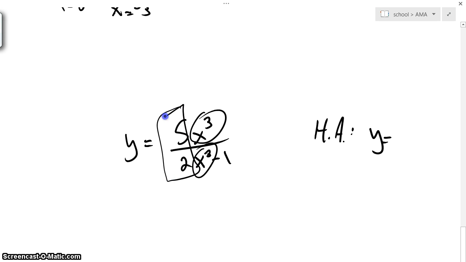Very plain and simply, the coefficients, the numbers out in front of those highest powers, would be what would be used. How would we find the vertical asymptote? Well, in this regard, we'd have to set that denominator equal to 0 and solve, but I'll leave that to you.